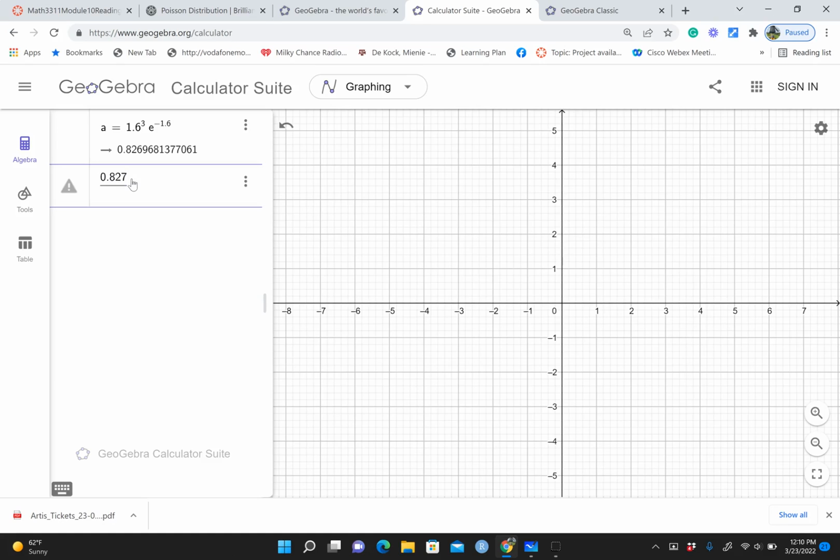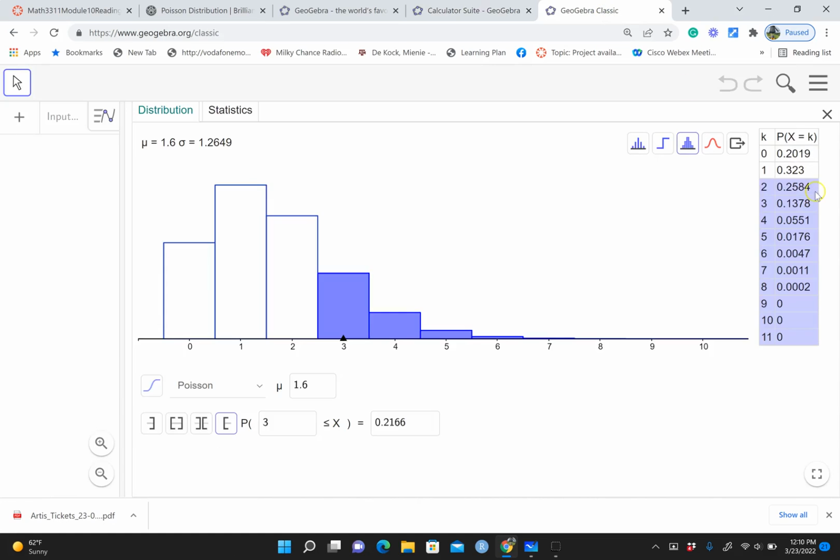And then you want to divide that by, so this is going to be 0.827 divided by 6, right? Because that's the 3 factorial. So that's going to be 0.137. And let's just take a look at what we got for probability x equal to 3, 0.13. Yeah, so the calculators might round a little differently. The one might be more accurate than the other one.